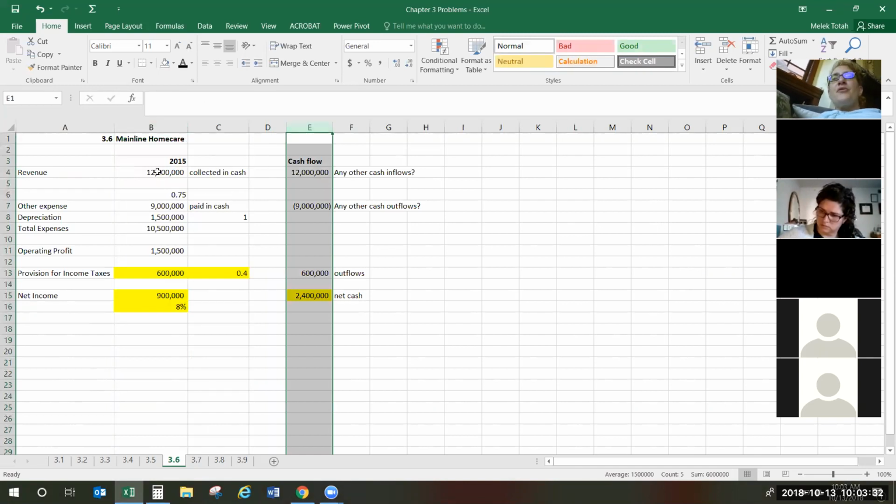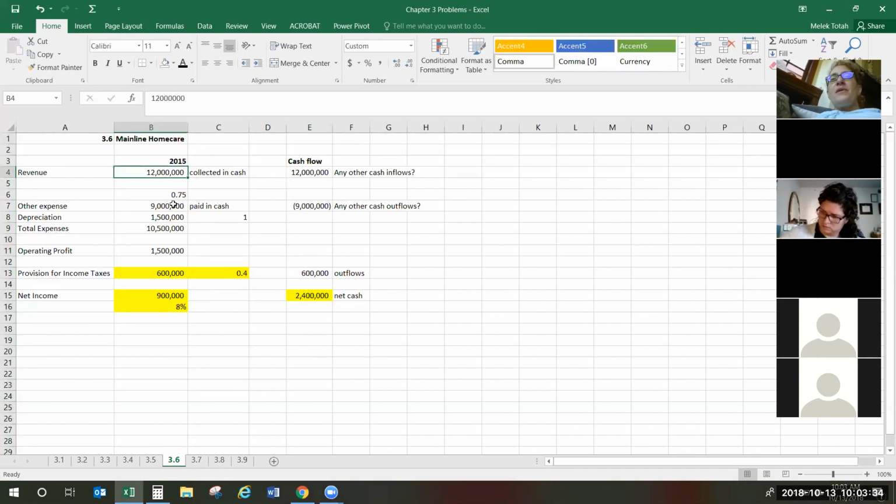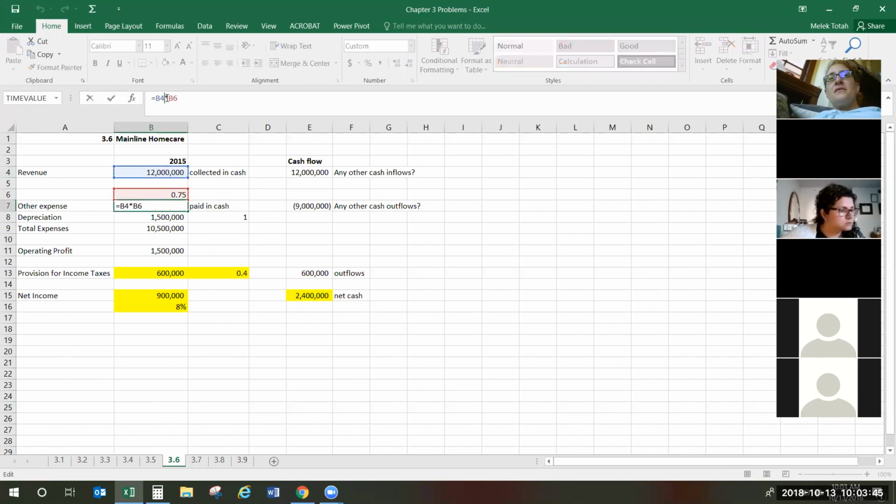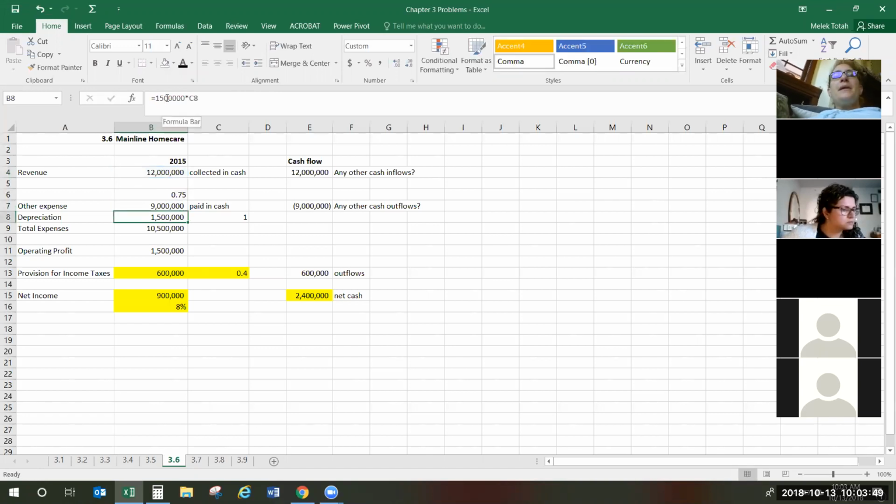So you had to build your P&L, the 12 million, and you had to come up with your other expenses, right? So it said that your other expenses reflected 75% of your revenue. And then your depreciation was 1.5 million. So your total expenses then would have been 10.5 million.